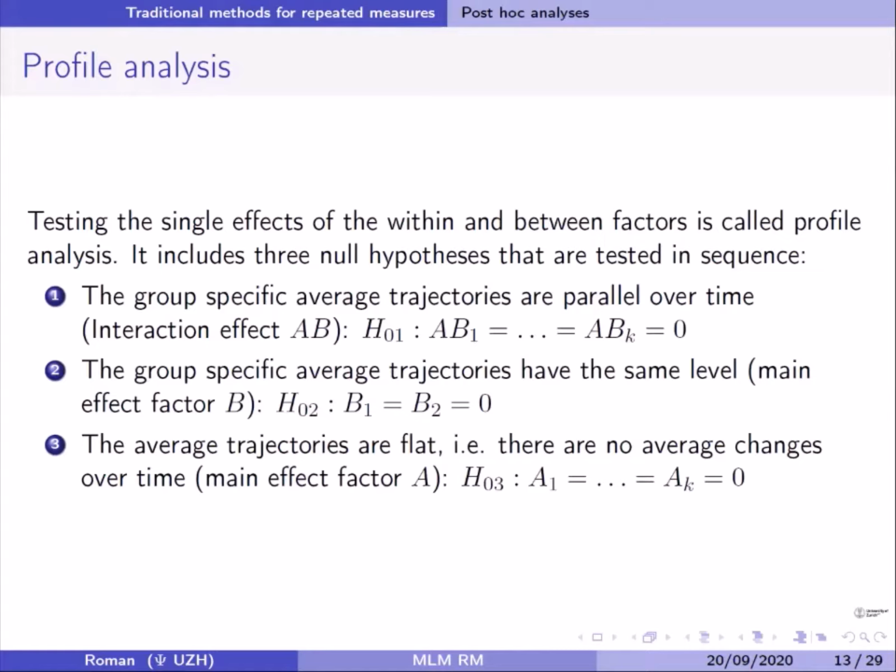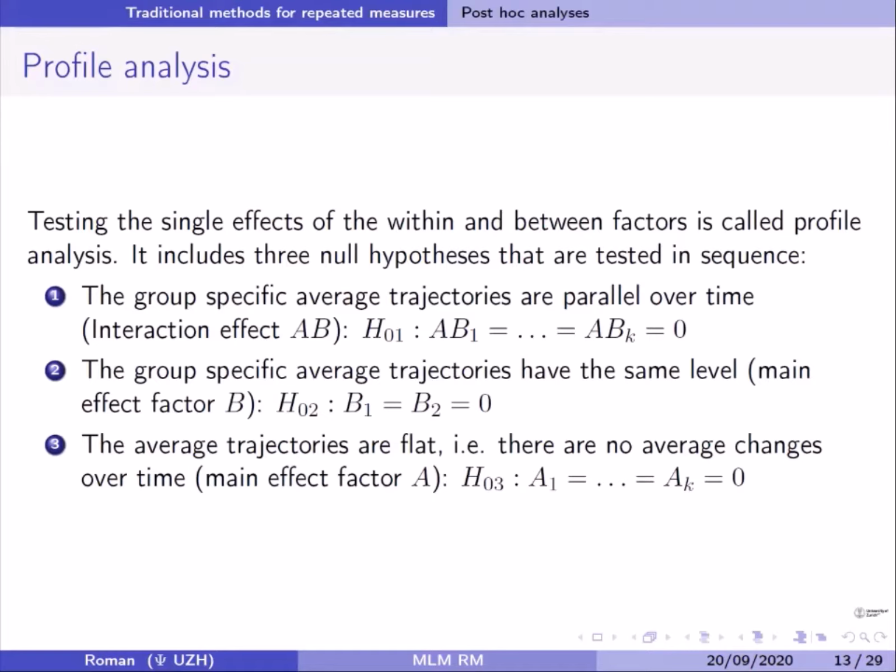So AB11, time 1 group 1 is equal to time 1 group 2, time 2 group 2, etc. And the null is that these are parallel over time. The average trajectories don't change. Then the group-specific average trajectories have the same level.